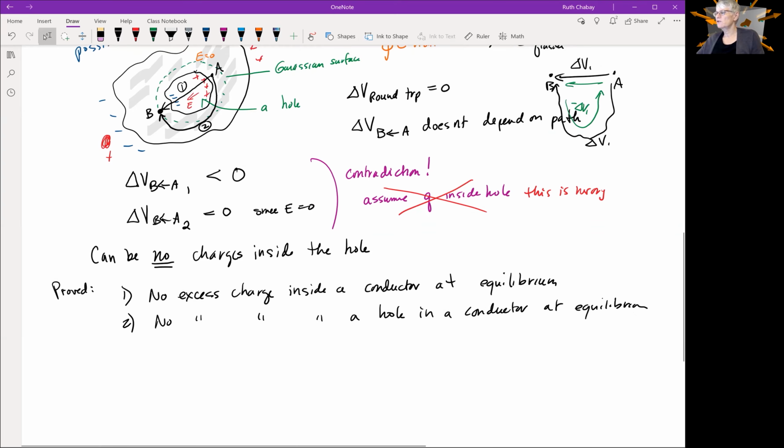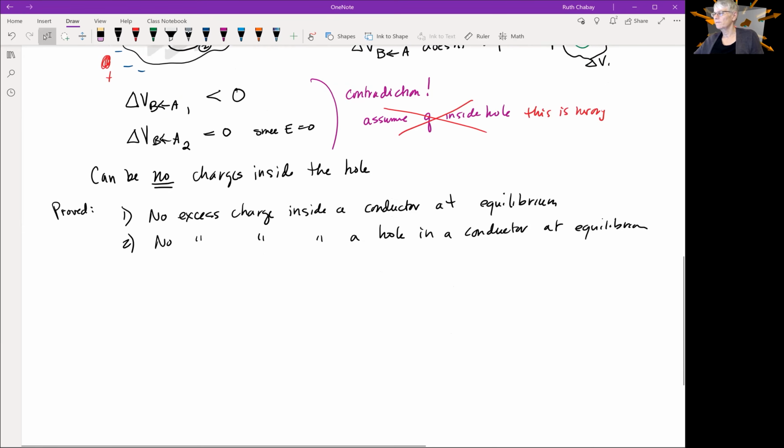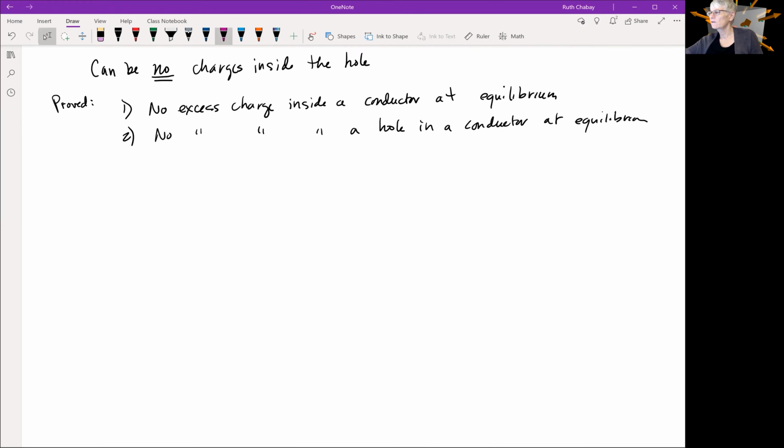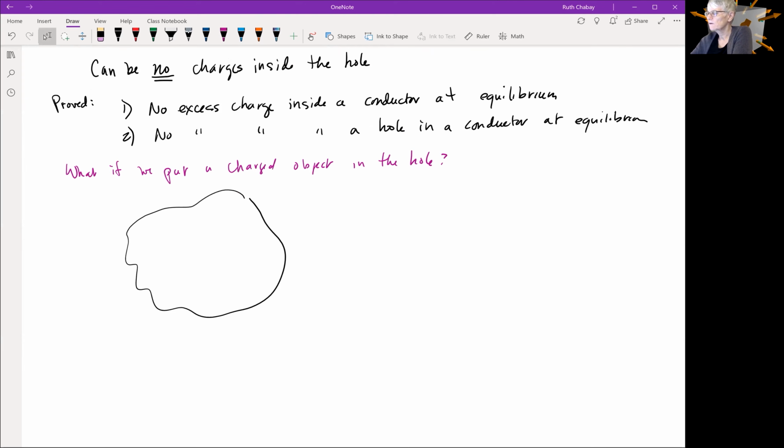What if we put a charged object in the hole? So let's see what happens here. So here's our metal, here's the hole.